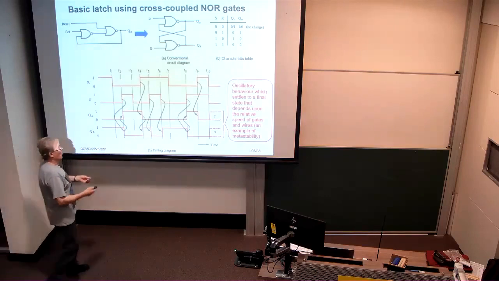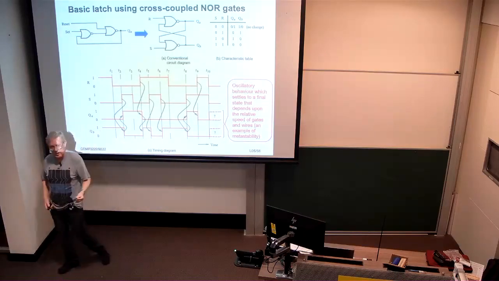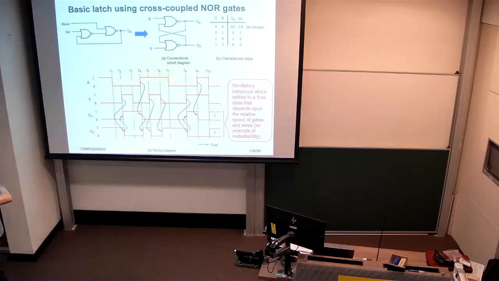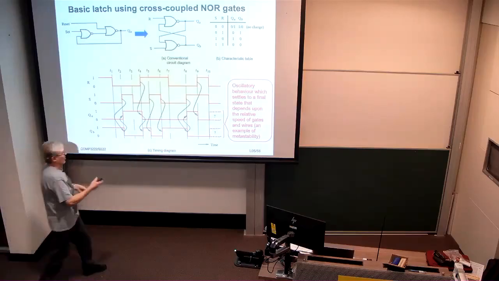And therefore, one of these NOR gates is going to change a little bit before the other, and as a consequence of that, you get a bias. You get that output flipping a bit earlier, and that will then dominate and determine what the ultimate state of the latch is going to be.